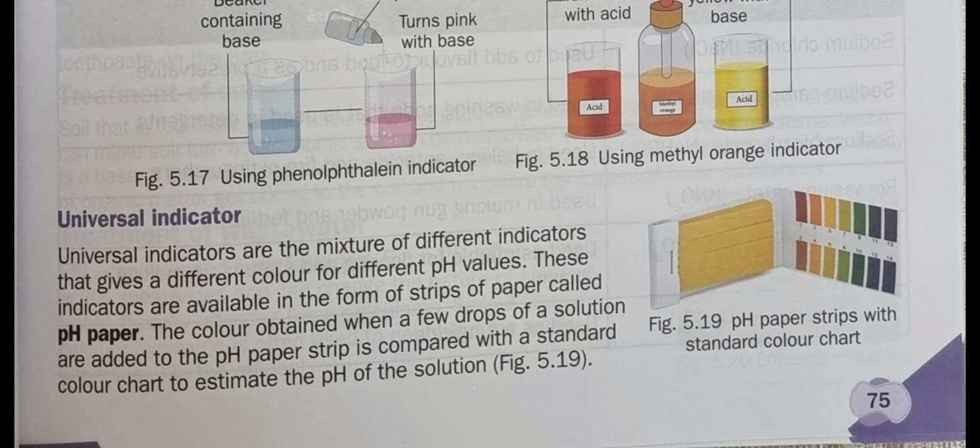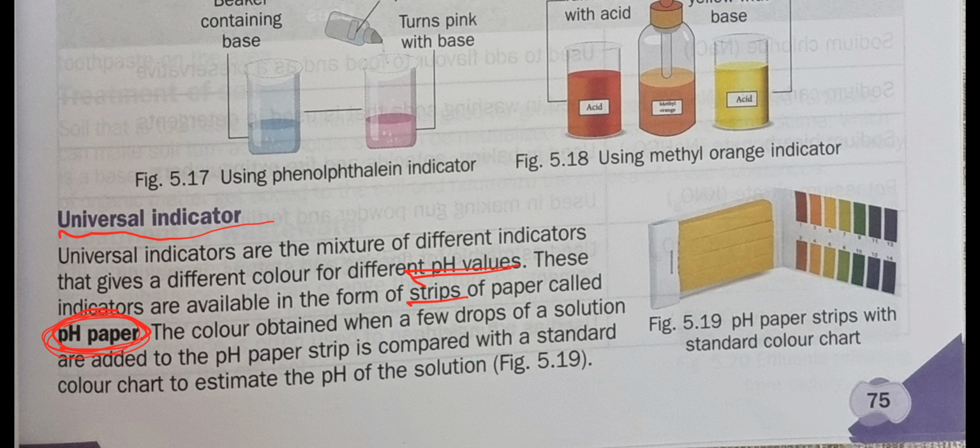And what is the universal indicator? Now we will learn what the universal indicator is. Universal indicator is a mixture of different indicators that gives a different color for different pH values. These indicators are available in the form of strips or paper called pH paper.